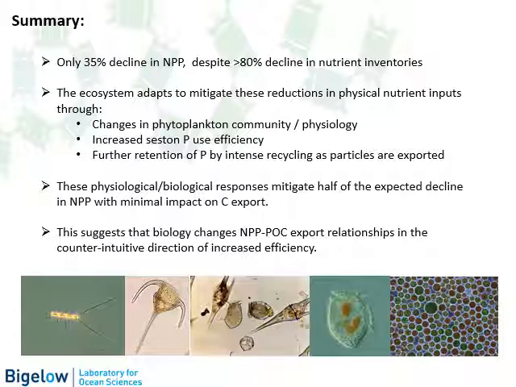These physiological and biological responses are able to mitigate roughly half of the expected decline in net primary production with a minimal impact on carbon export, which is very important. And this suggests that the biology changes the NPP to POC export relationships in the counterintuitive direction of actually being more efficient with time, or with reduction in the NPP.